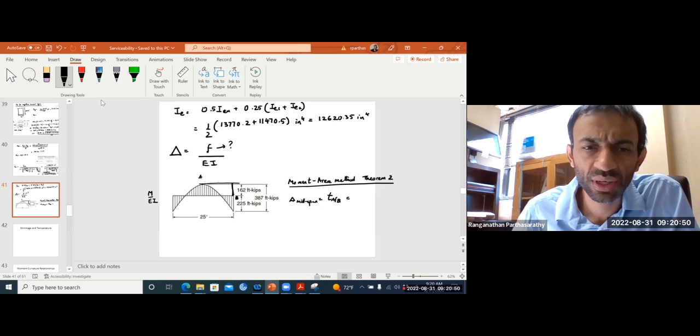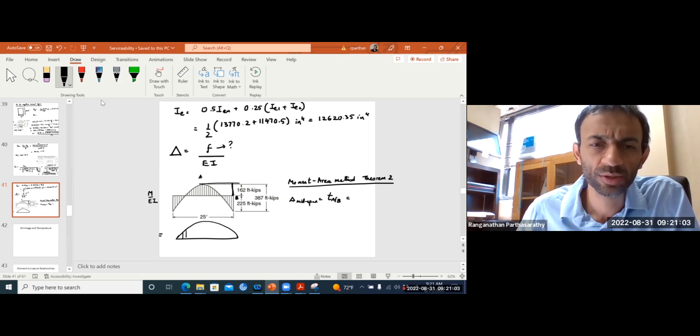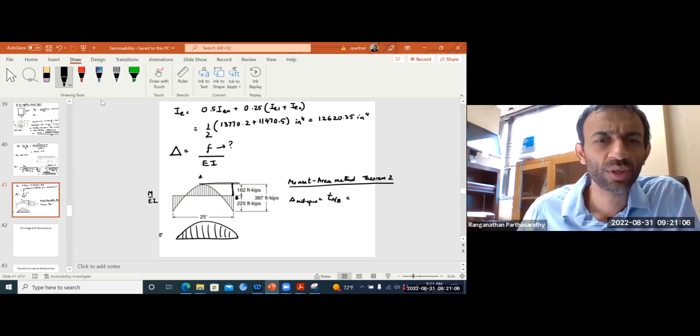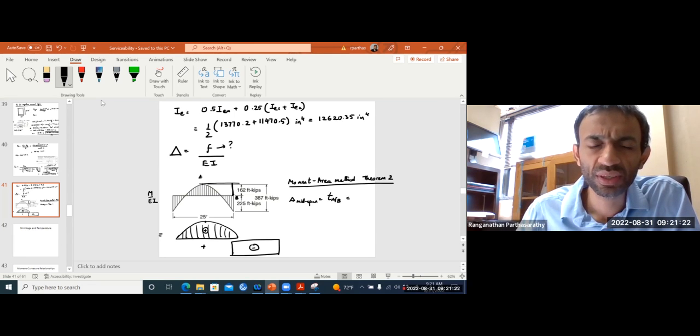So the easy way is to write this moment diagram as a superposition of two parts. One is this positive part plus this negative part. So in the positive one, this peak is 387 foot kips.